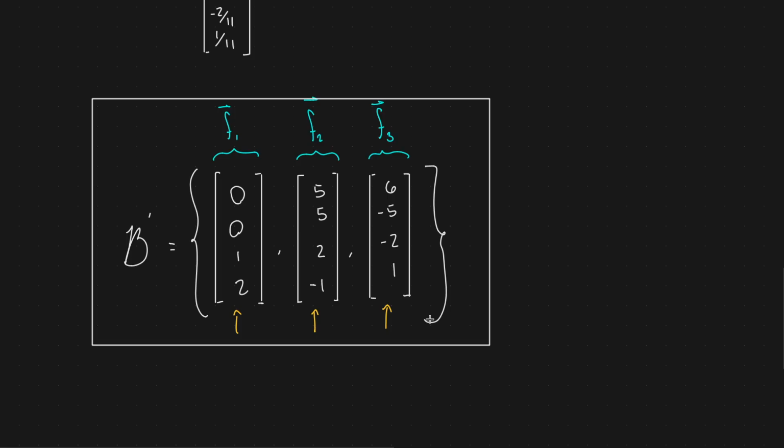So if I normalize these vectors, I would get an orthonormal basis. So this is an orthogonal basis. And that's what the problem wanted, is an orthogonal basis. So that's all I need to do. But if I want an orthonormal basis, I could normalize each of the vectors.